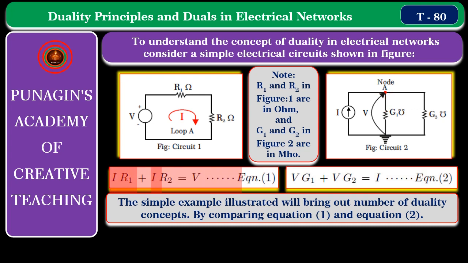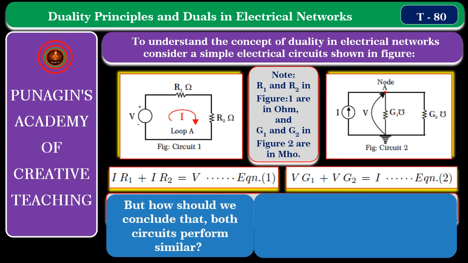Terms in equation 1 are voltage terms, but terms in equation 2 are current terms. Current I in equation 1 is a loop current, whereas voltage in equation 2 is a node voltage. But how should we conclude that both circuits perform similar?